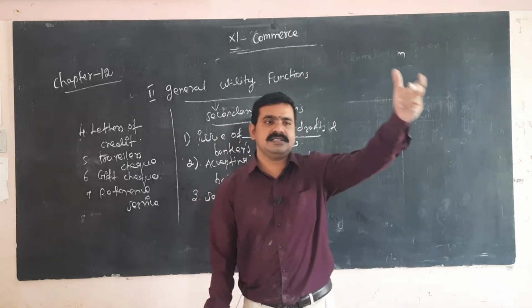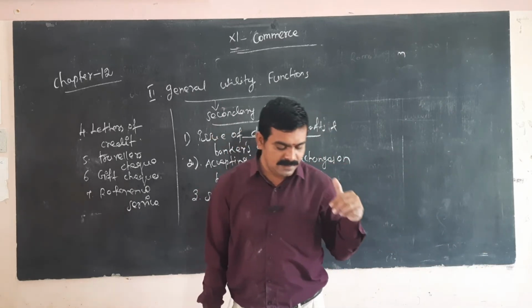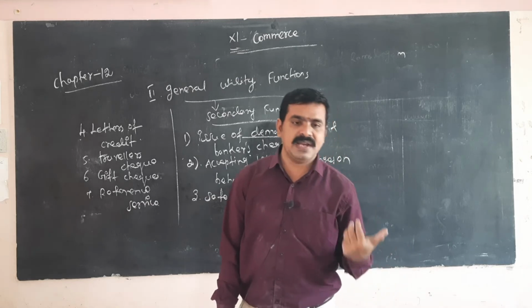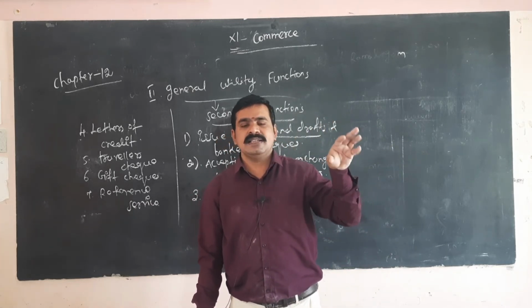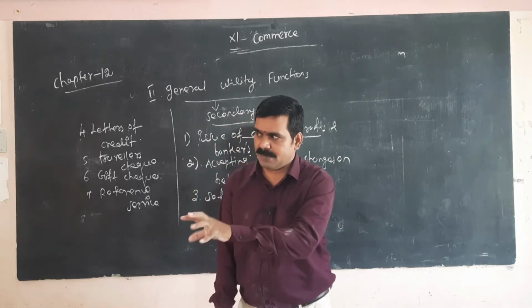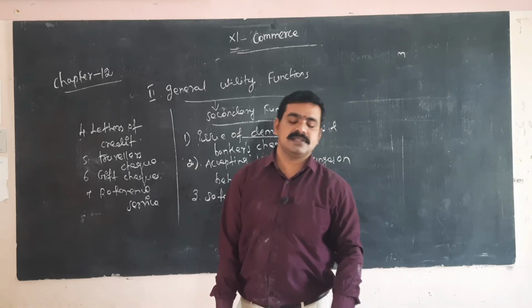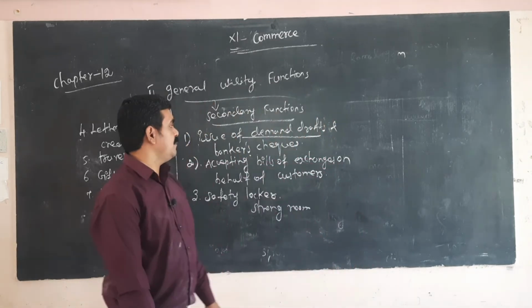If they want to start a company in another area, the bank will provide a reference that this person has an account in a reputed bank. This is called reference services. They also maintain reference services.